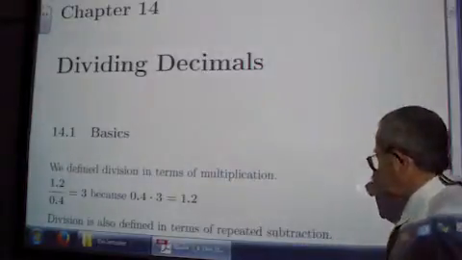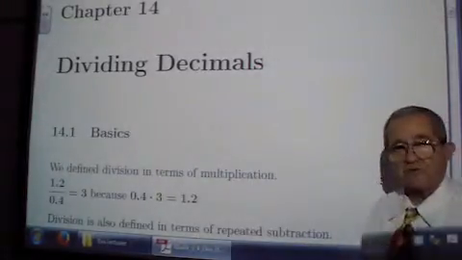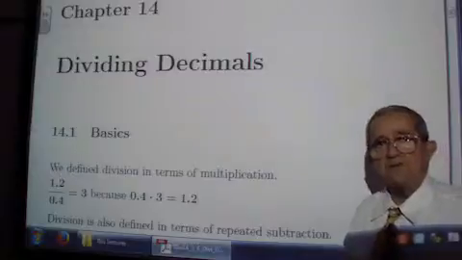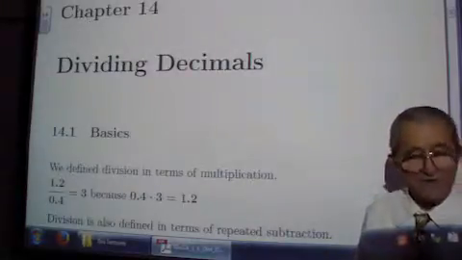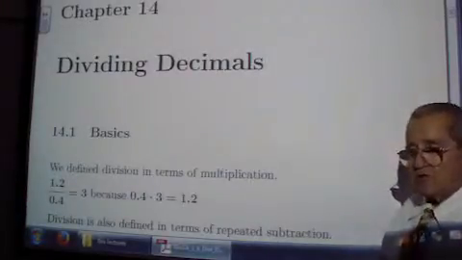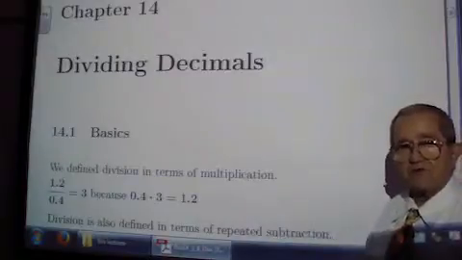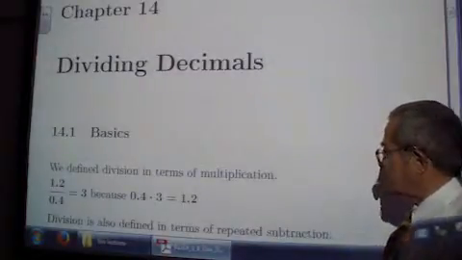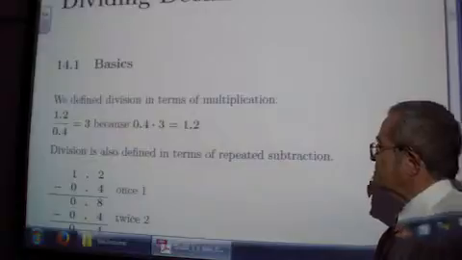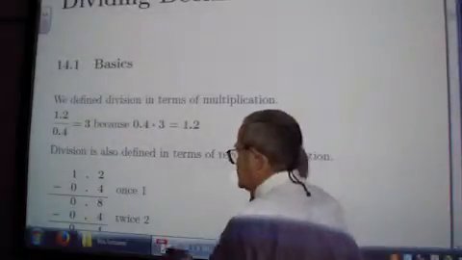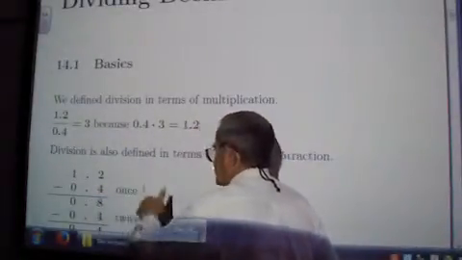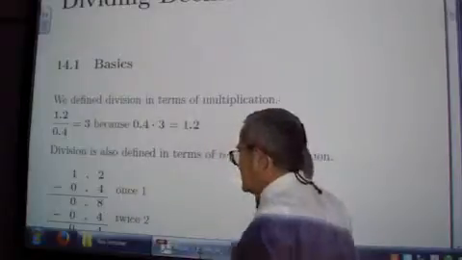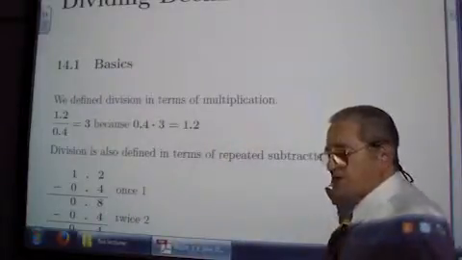Also, division in terms of repeated subtraction. Remember when you do the division algorithm, you keep multiplying and you subtract. So here, I want to take 1.2 minus 0.4 once. That gives me 0.8. Can I do it the second time?